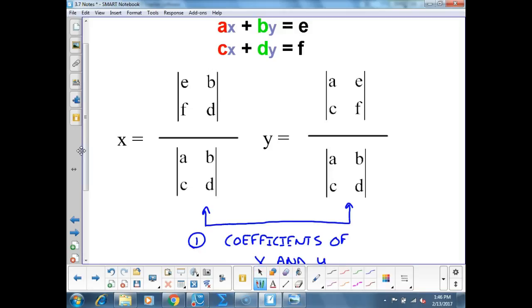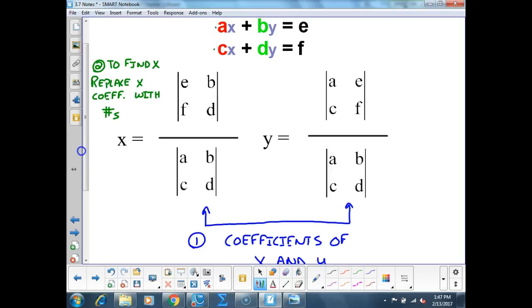Then, to find the X value, I replace the X coefficients with the numbers. I haven't used the numbers E and F yet, so I replace the two X coefficients.